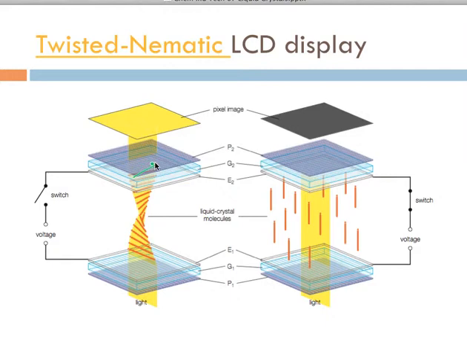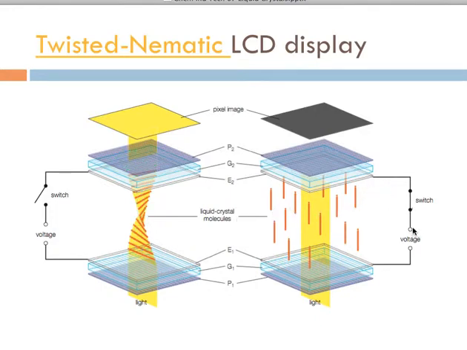You can see them, the little lines that they have drawn here, that make the molecules line up, so that these liquid crystal molecules twist and are held together by their IMFs when they don't have any current present.